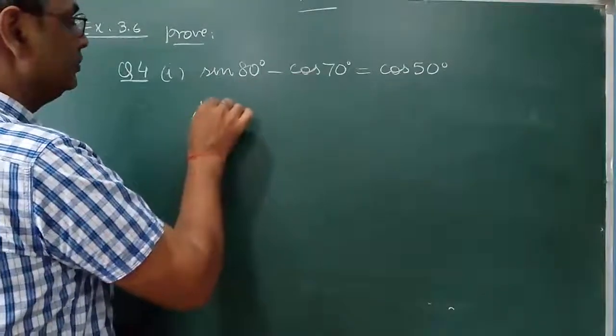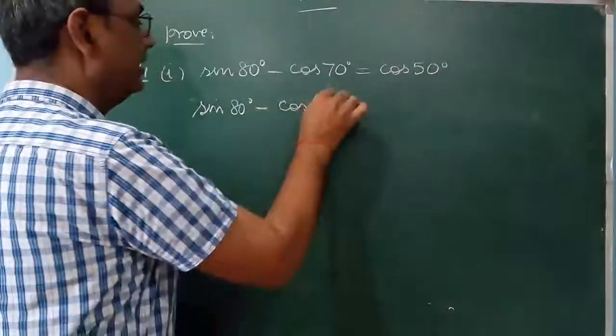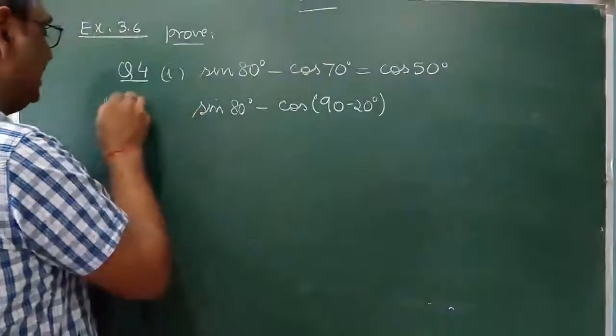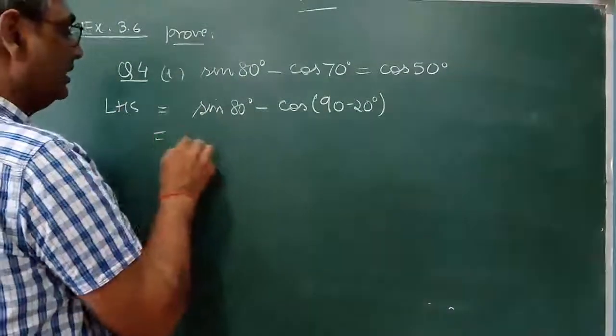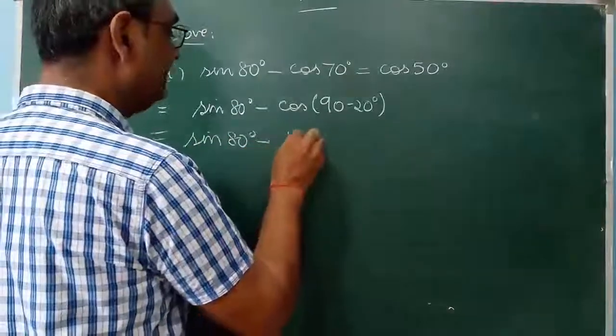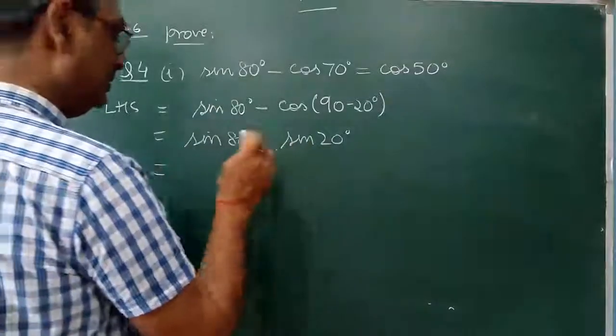So what we have to do, we have to write this as cos(90 minus 20) degree, and now this LHS will become sine 80 degree minus sine 20 degree. Now we can apply the formula. The formula is how much?